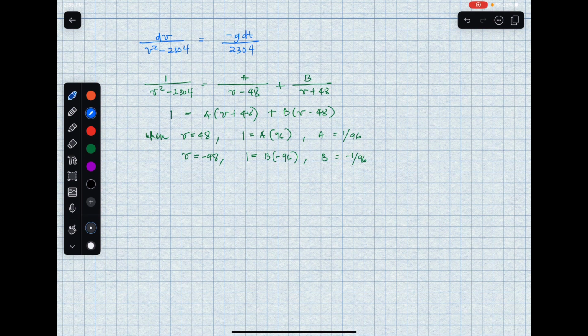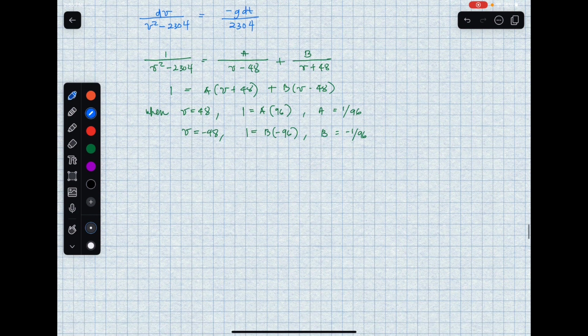So thus we'll have 1 over 96 all over v minus 48, plus minus 1 over 96 over v plus 48, multiplied with dv, is equal to negative g dt all over 2304.